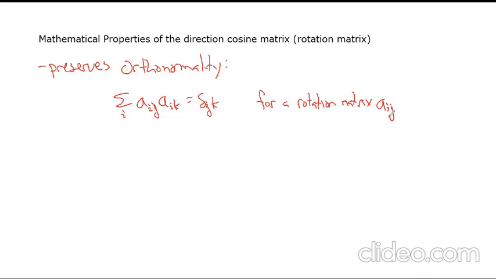The good news is I will not ask you to verify this by hand for anything bigger than 3D. But if you were in 11D or whatever, this would also be true. I would just go from 1 to 11.